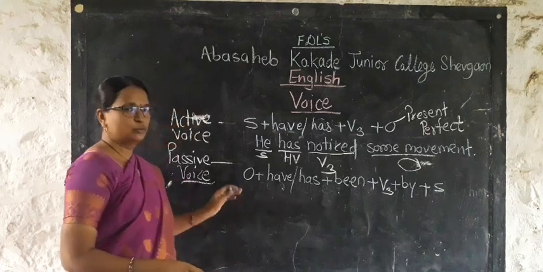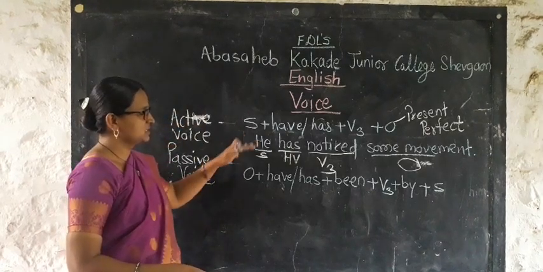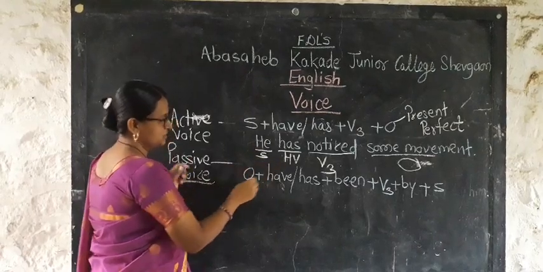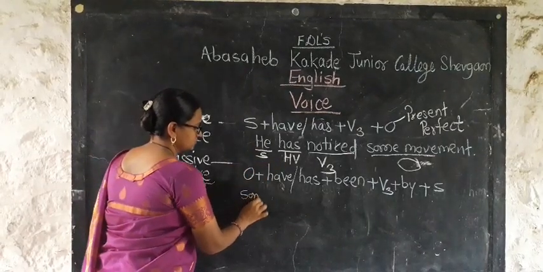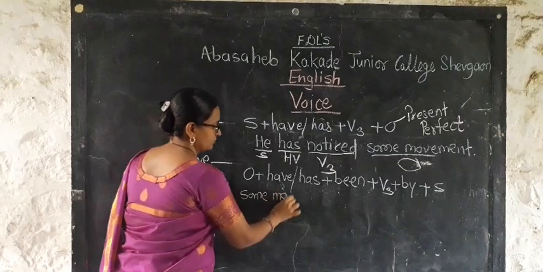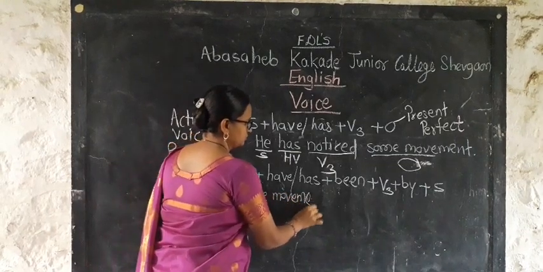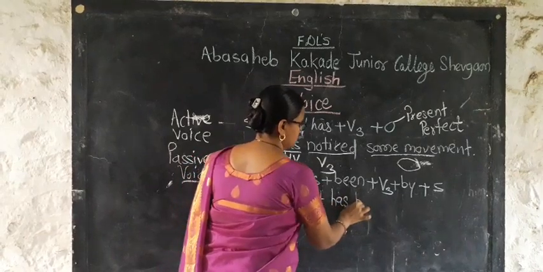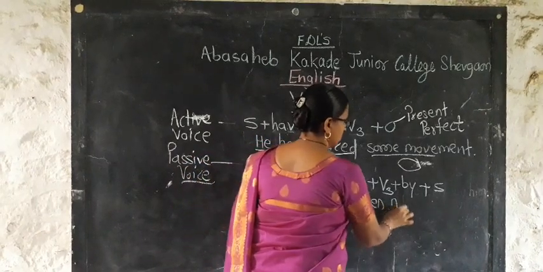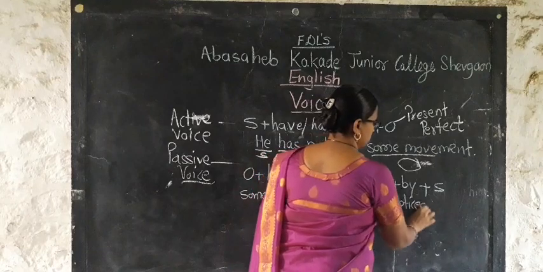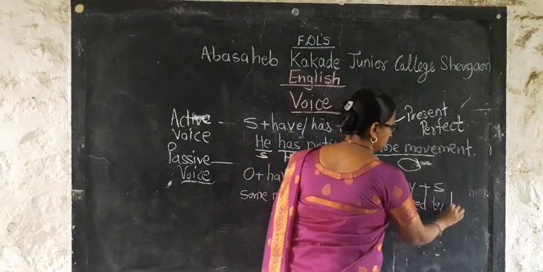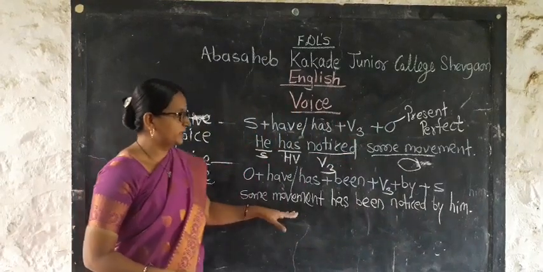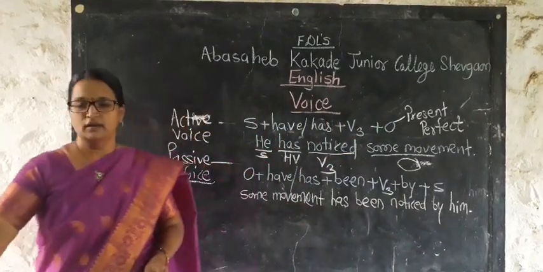And now we have to write the same sentence in passive voice. We begin our sentence with some movement. Some movement has been noticed by him.